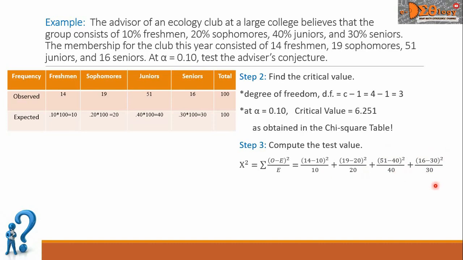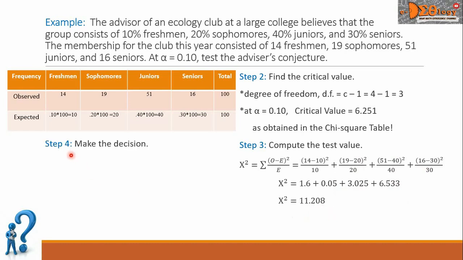Simplifying the 4 fractions, we get 1.6 for the first fraction, plus 0.05 for the second, plus 3.025 for the third, plus 6.533 for the last. Getting the sum, the chi-square value is 11.208.